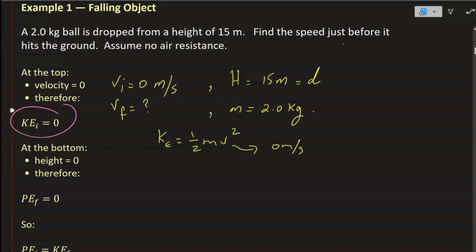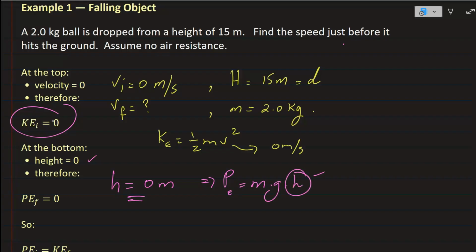Here we go. Now at the bottom, the object is still moving just before hitting the ground, right? So that means that the height will be 0. If you're looking at the gravitational potential energy, mgh, when h is 0 meters, then the potential energy will be 0.